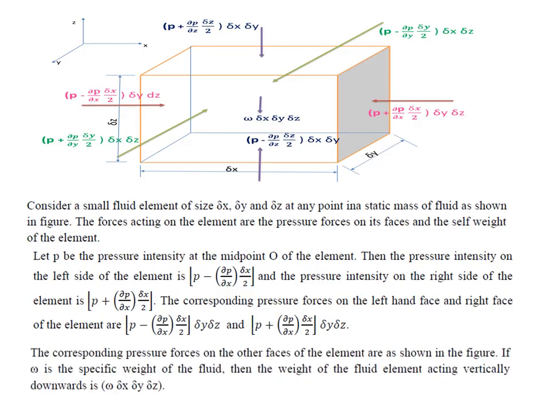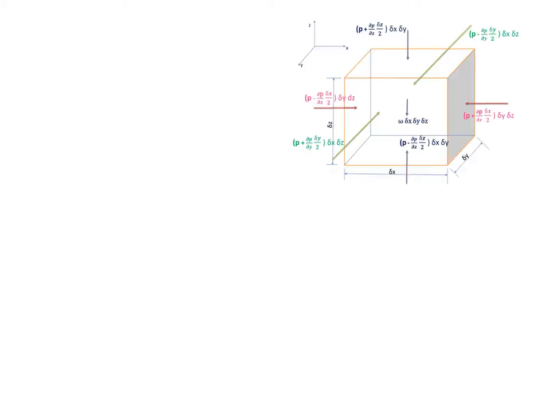The self weight is also marked, acting at the midpoint of the element, where the weight of the fluid element is omega, that is the specific weight, into ΔX ΔY ΔZ. ΔX ΔY ΔZ is the volume of the element, so volume into specific weight will give the weight. Now again, since the fluid element is in equilibrium, we apply sigma Fx equals 0.